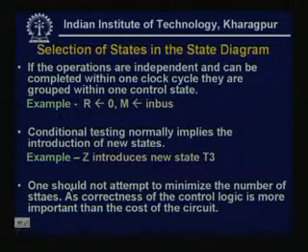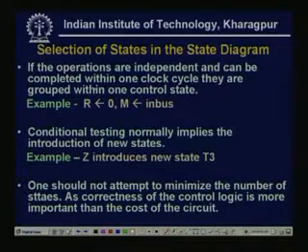Now, how are the states selected in this state diagram? If the operations are independent and can be completed within one clock cycle, then they are grouped within one control state. For example, the R register is reset to 0 and M is set to the multiplicand, that means the data contained in the in bus.